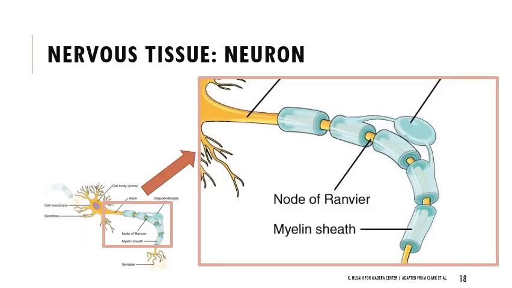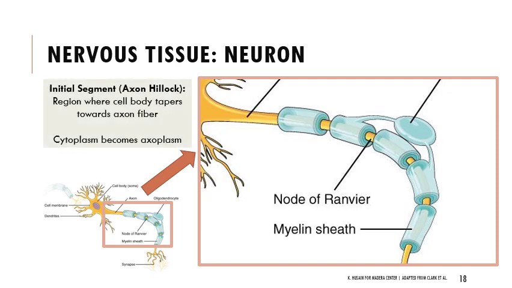And so if we zoom in on the middle portion and think about that signal being sent and how to make it more efficient, here we see a couple of different structures. First, the signal is being generated in the cell body. Again, we'll talk about what actually causes that signal to be sent, how it initiates, but it's spreading from the cell body to the axon. And so it travels first to this initial segment or axon hillock, where the cell body tapers and you go towards the axon.